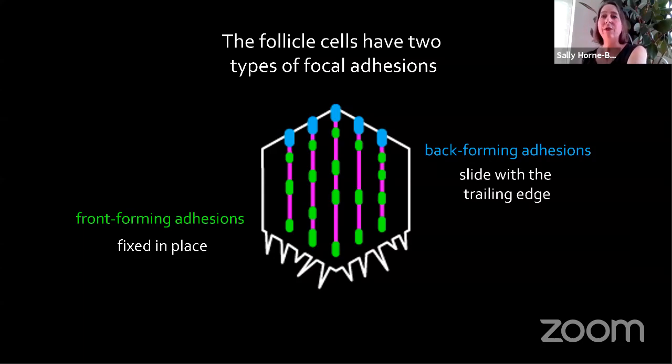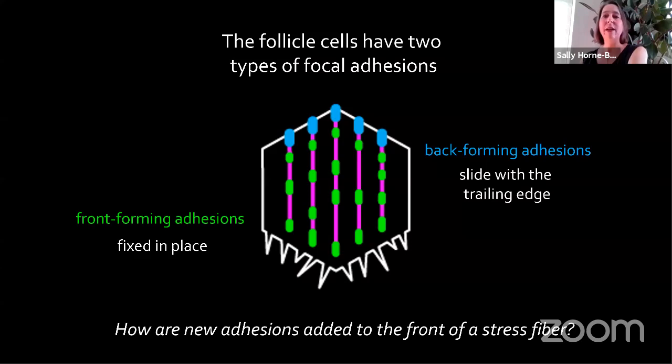Obviously, we're interested in how both of these adhesions form and how they have these discrete dynamics. But at the moment, we're focused on trying to understand how you add a new adhesion to the front of an existing stress fiber.